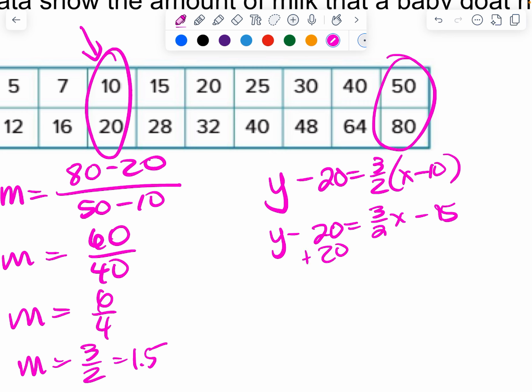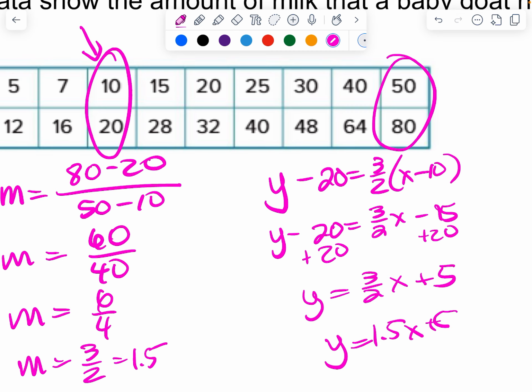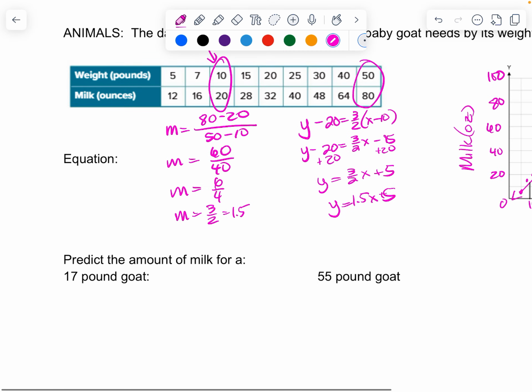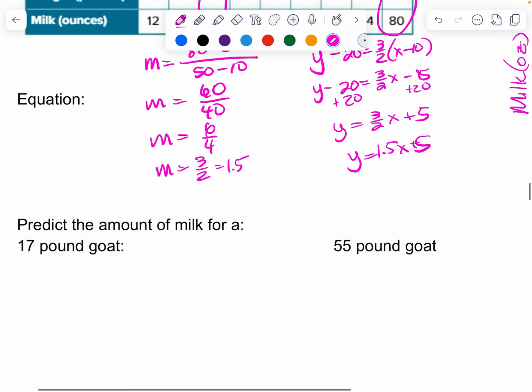I add the 20 over, and I get y equals 3 over 2x plus 5. And if you want to write it as 1.5, that's the same thing.